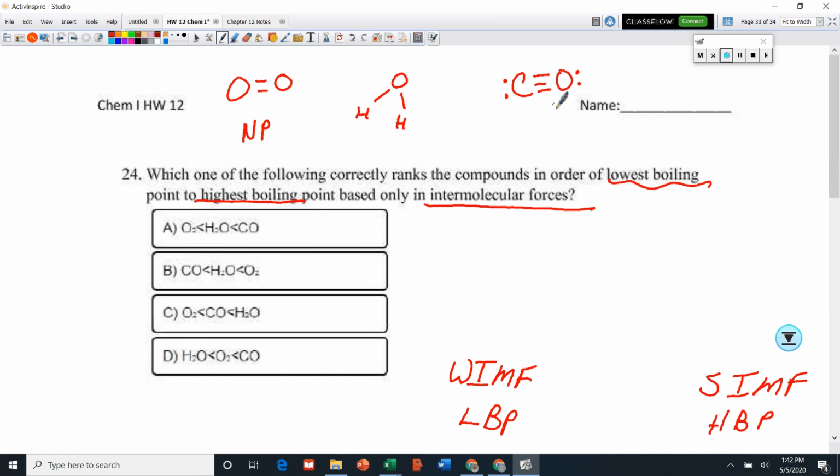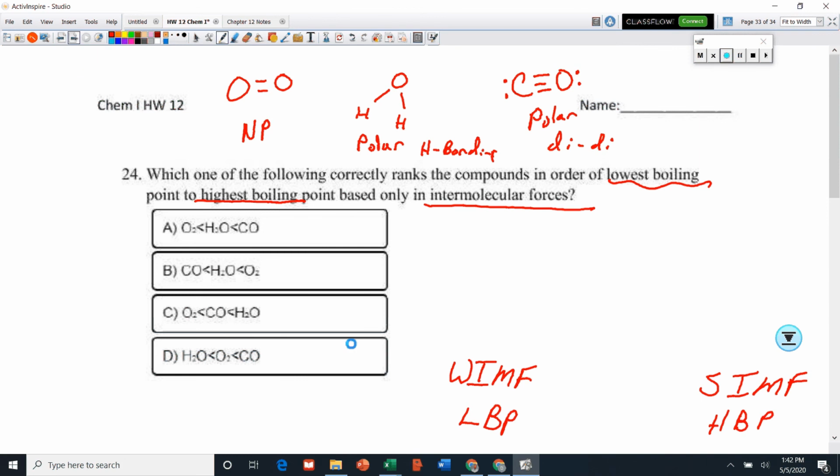This one is polar. This one is polar, and it will have H bonding. So we have dipole, dipole. Figure it out from there.